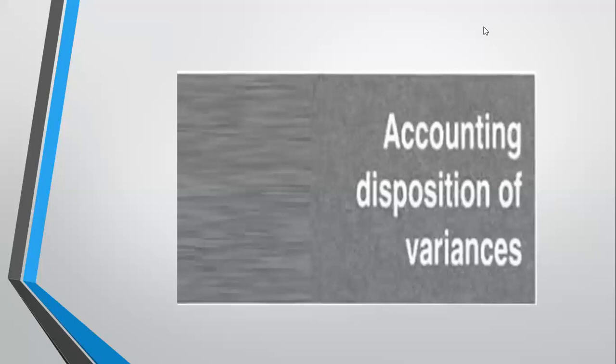So students, what is to be covered in class is already covered here: the disposition of variance analysis, the types of variance disposition, and how the variances are useful to the management and the employees.